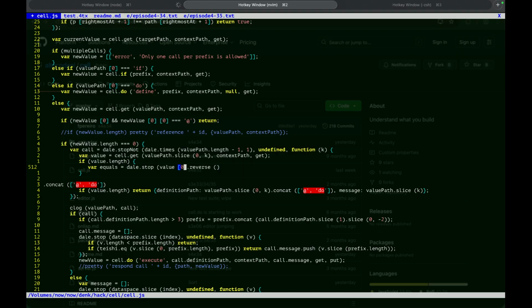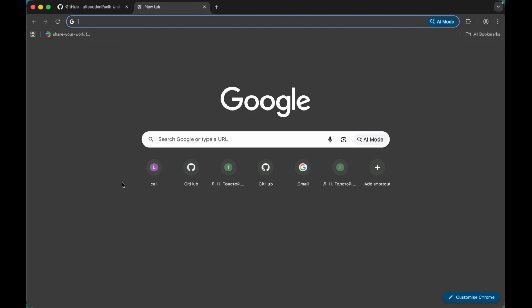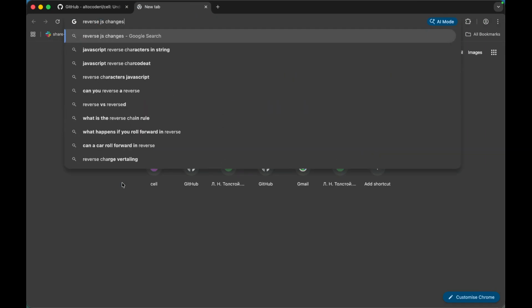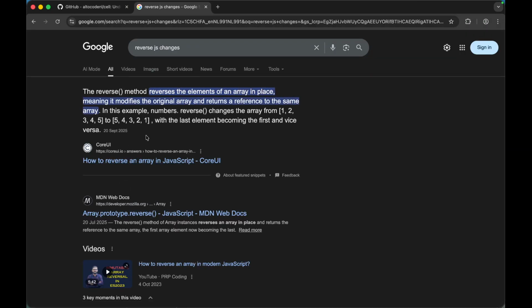Reverse is destructive, yes, I think so, right? Yeah.